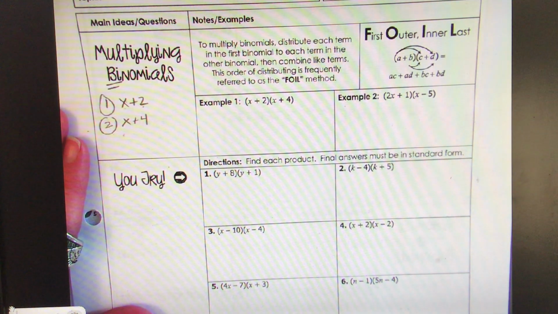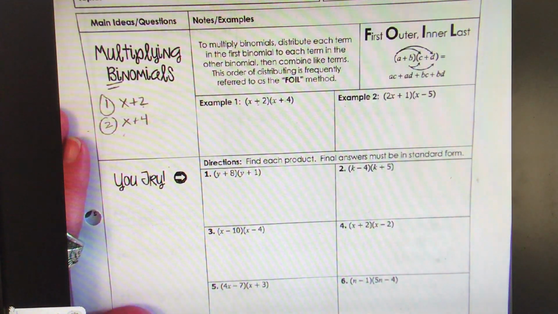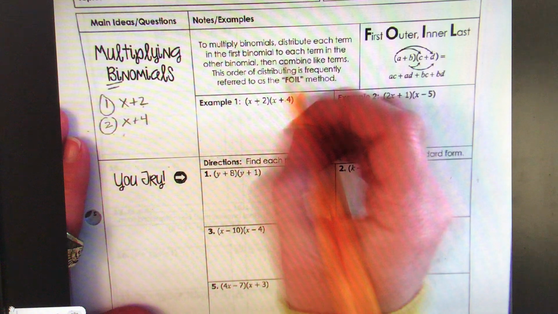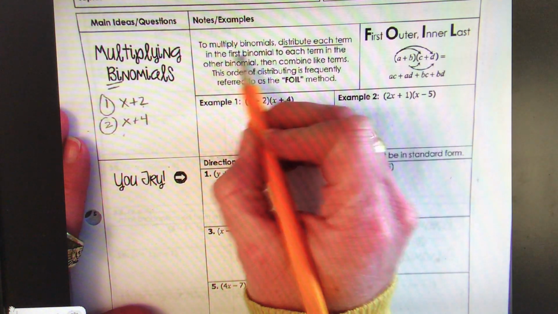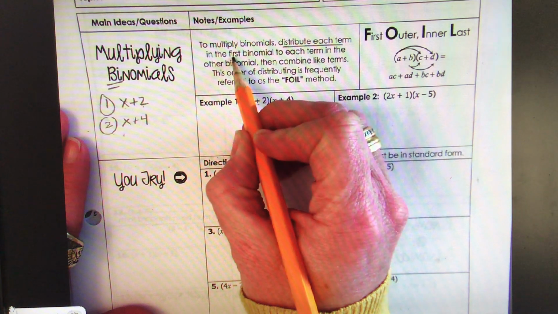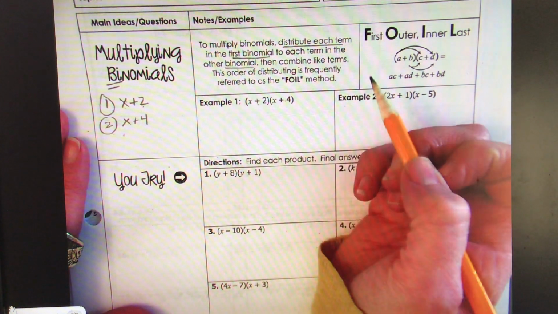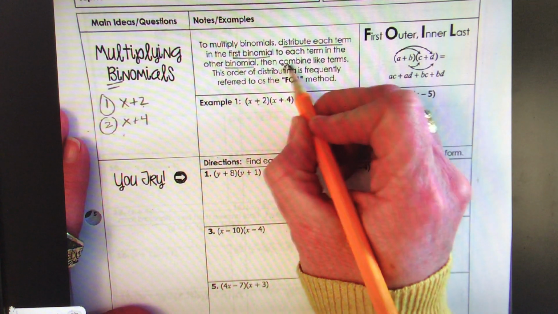Well, here we have 2 binomials, so we have to make sure that we take care of all the terms in what we're looking at. So let's go for it. To multiply binomials, I have to distribute each term in the first binomial to each term in the second binomial. And then I have to combine like terms.